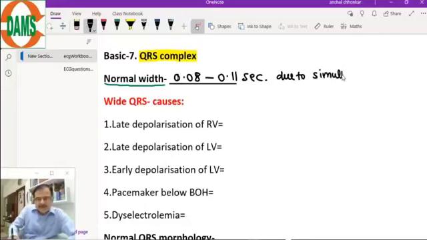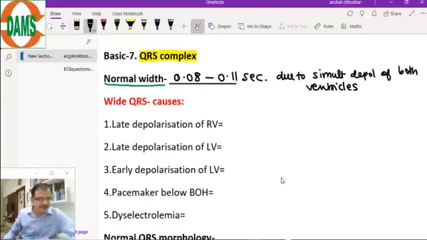simultaneous depolarization of both the ventricles. This will produce a normal width.